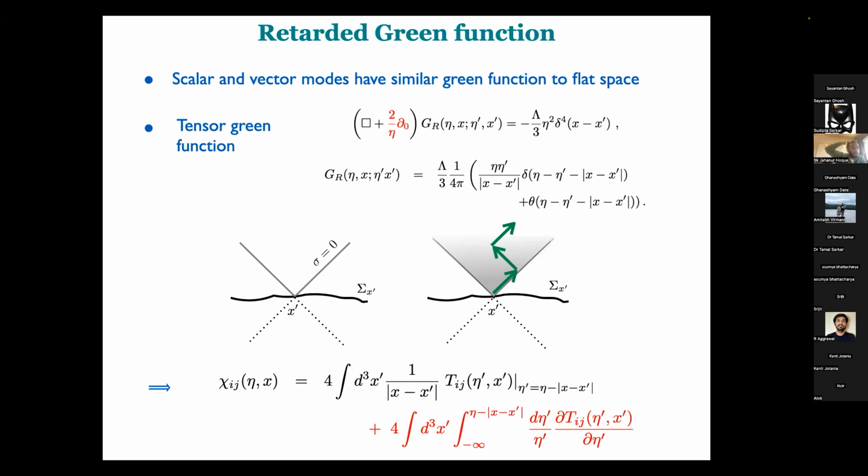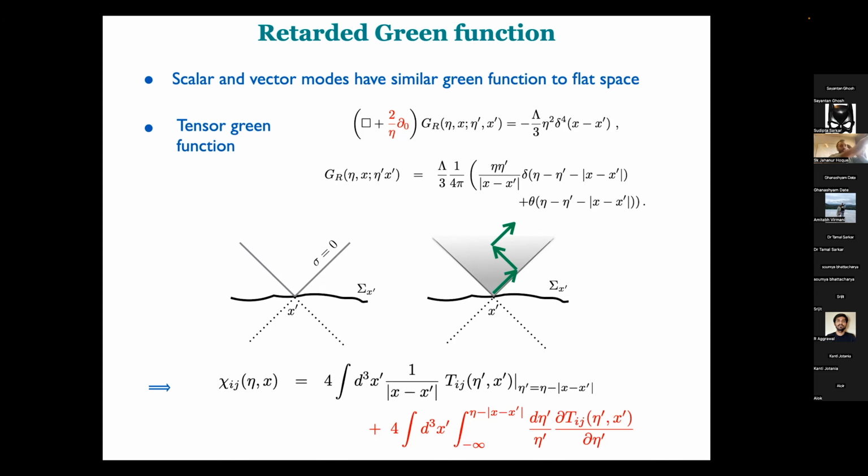You can see Green's function has a delta and a theta part. The delta part means that the propagation is along the light cone, and there is a theta part which says that the propagation can be inside the light cone, which is a generic feature of any curved background, such that if the wave propagates, it backscatters, and then it can be inside the light cone also.